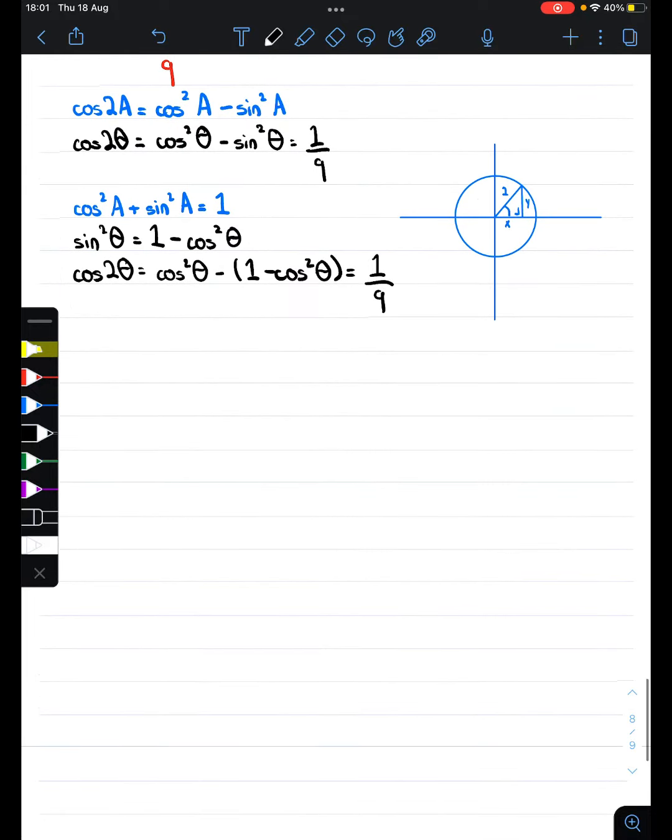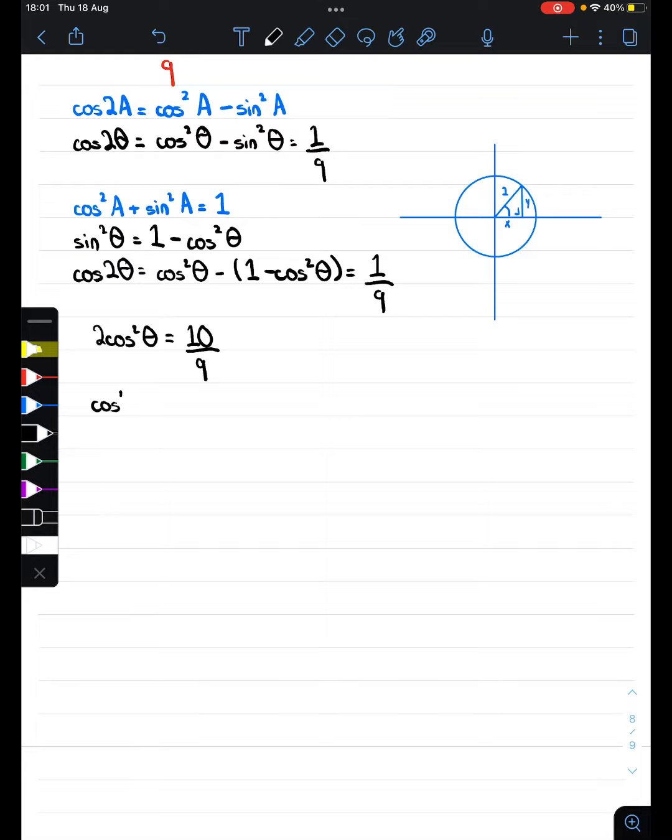Okay, so now if we gather these terms, we get 2 cosine squared of theta. We bring over the minus 1, and we get 1 plus 1 over 9, so 10 over 9. And then cosine squared of theta is 5 over 9.